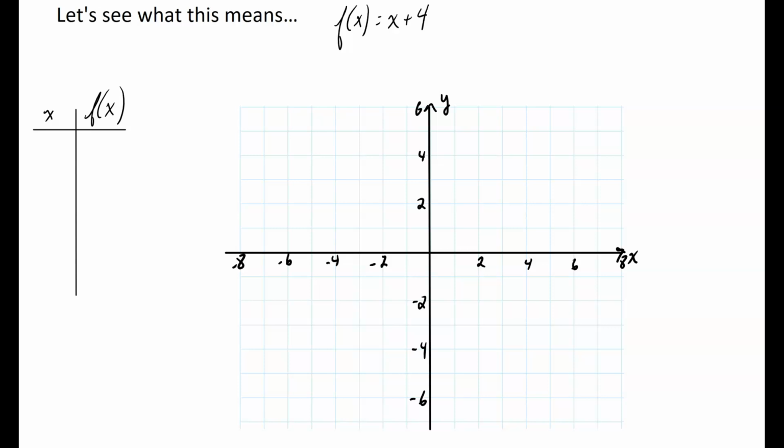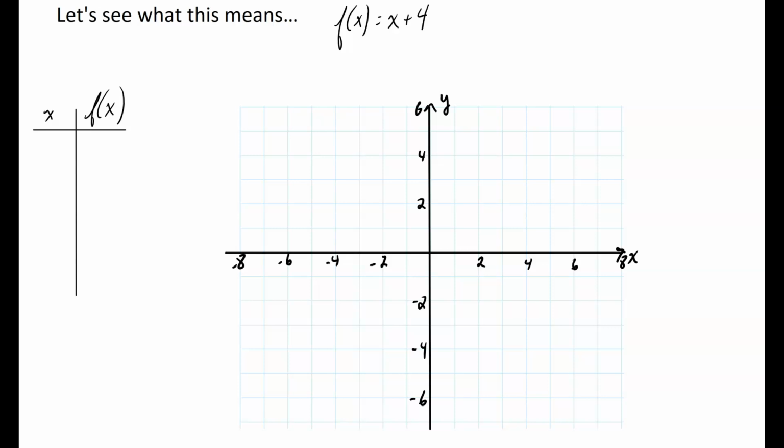We'll do this with a table of values over here on the left-hand side. I'm choosing values at random to sub in for x. Any x value along the x-axis, which means negative infinity all the way to positive infinity, I should be able to sub in, and we can always add 4 to any number, which means we get out a value for the y value or the f of x value.